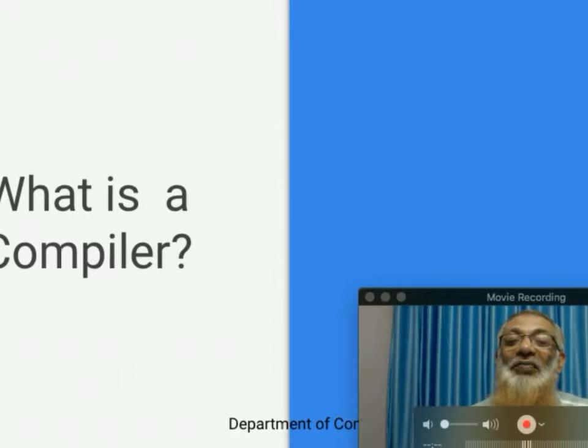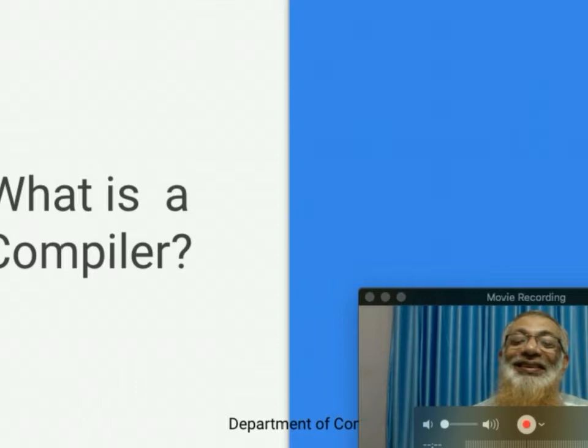In the art of programming methodology class, in which we discuss the programming fundamentals, there also we have mentioned compiler.